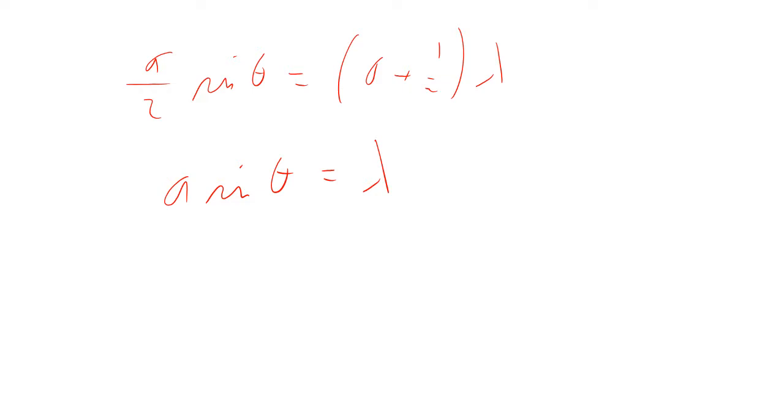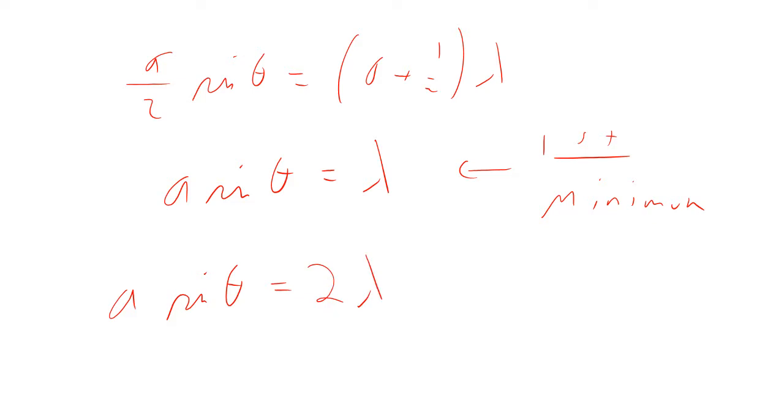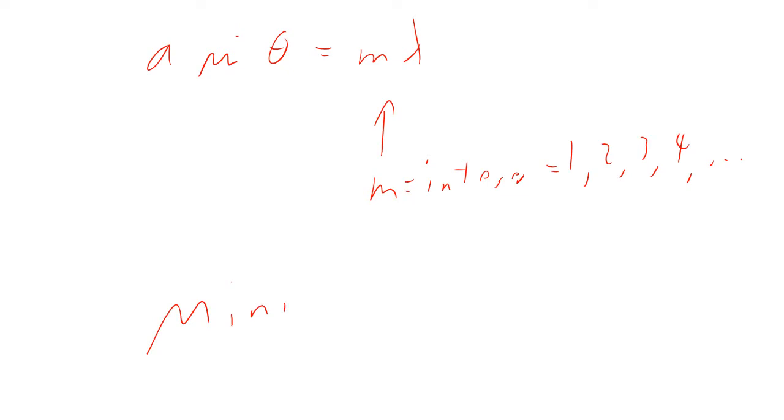So this is going to be your first minimum. Well, the second minimum is going to be a sine theta equals 2 lambda. So that's going to be your second minimum. So we can now say that a sine theta equals m lambda, where m is an integer. So this is going to be where we find the minima.